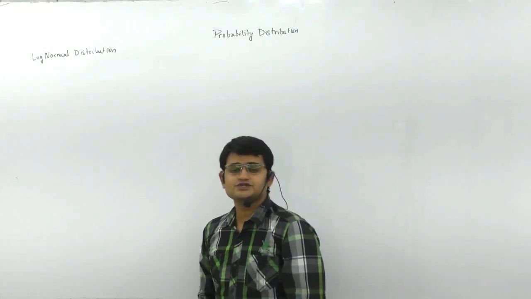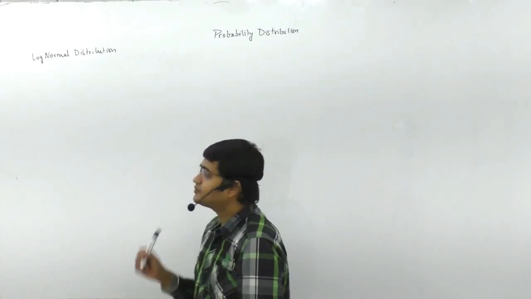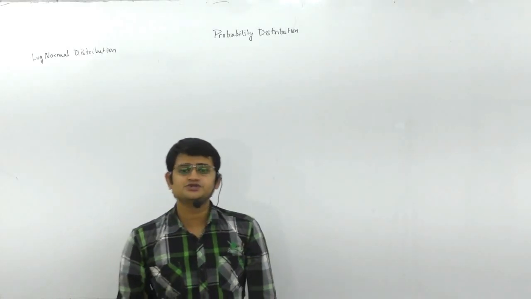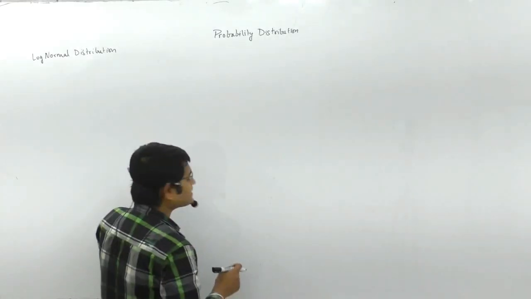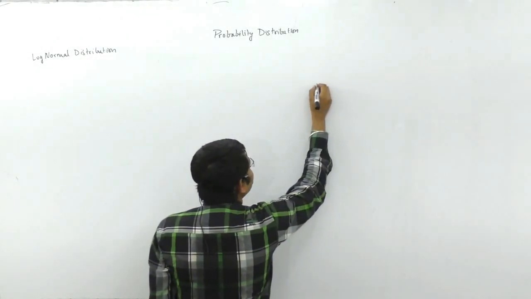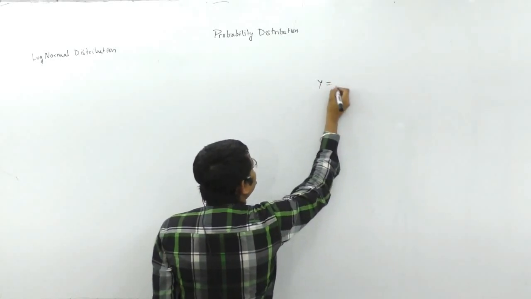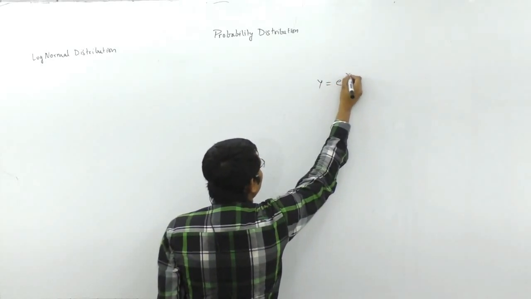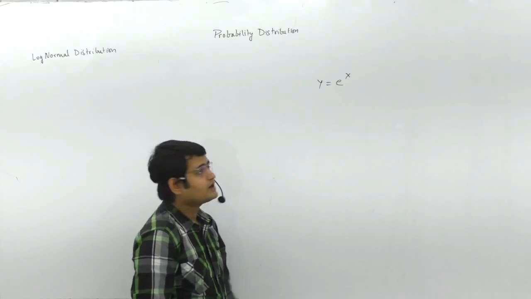Now the last distribution that we are going to study is the log normal distribution. Log normal distribution is not a naturally found distribution. It was derived so that we can find a relation between variables that are powers of a particular value.